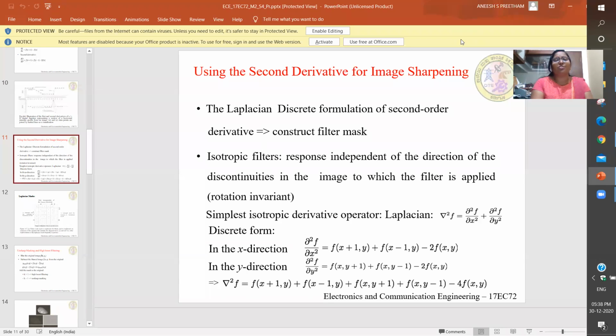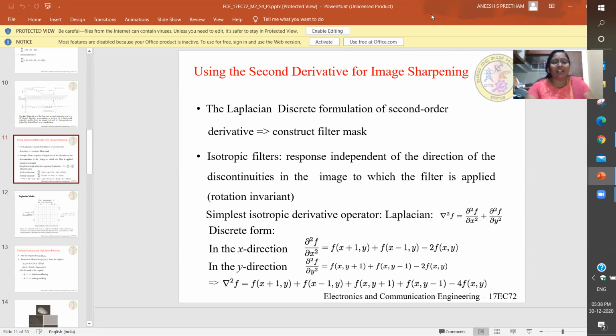So our next topic for discussion is using the second derivative for image sharpening. The Laplacian discrete formulation of the second order derivative is used for constructing the filter mask. Isotropic filters have a response independent of the direction of the discontinuities in the image to which the filter is applied, so they are usually rotation invariant.